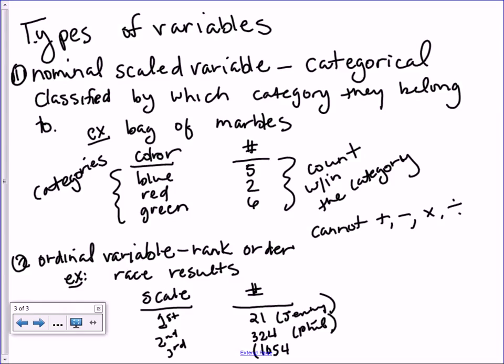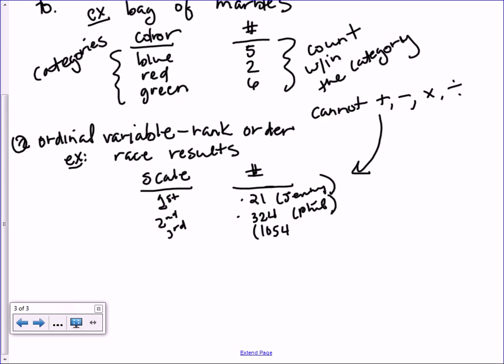Again, with these kinds of ordinal variables you cannot add 21 and 324 and have it make any sense. You can't divide those and have it make any sense, because these numbers 21, 324, and 1054 are representing an idea of Jenny, Phil, and whoever the third person is, I don't know, Carlos.